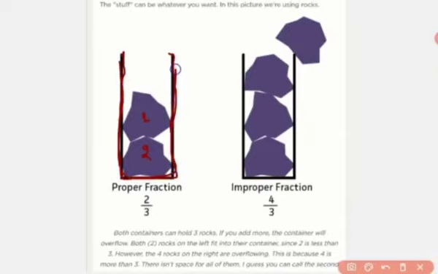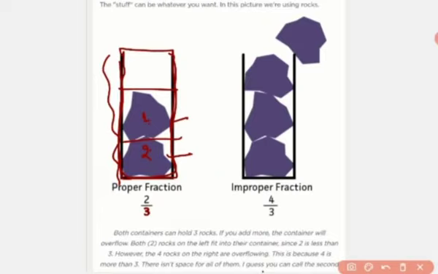In this you can place three rocks, which is sufficient. So it is divided into three parts, but we are placing only two rocks in it, that is, it is occupying only two spaces. So you have this picture of a proper fraction as 2 by 3, isn't it?